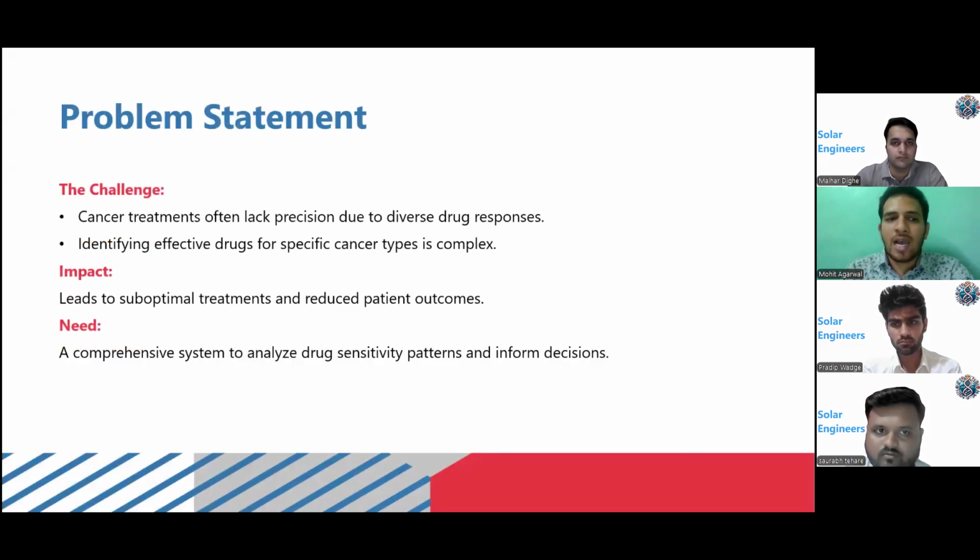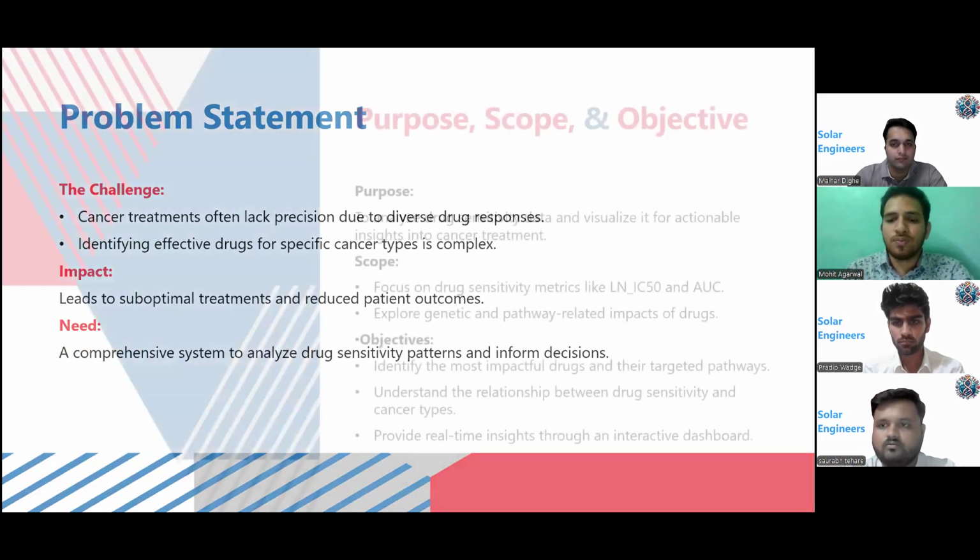The problem statement we have is cancer treatments often lack precision due to diverse drug responses. Identifying effective drugs for specific cancer types is complex, and it leads to suboptimal treatments and reduced patient outcomes. So there is a need for a comprehensive system to analyze drug sensitivity patterns and inform decisions.